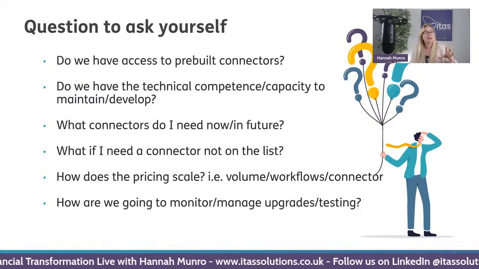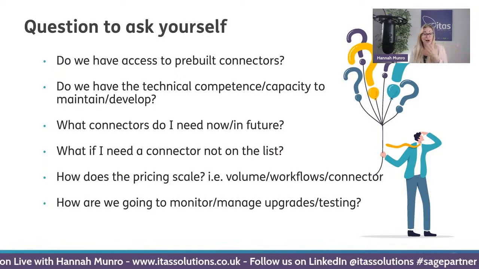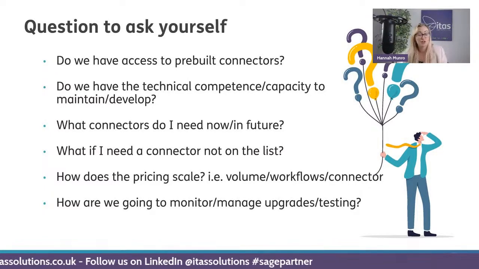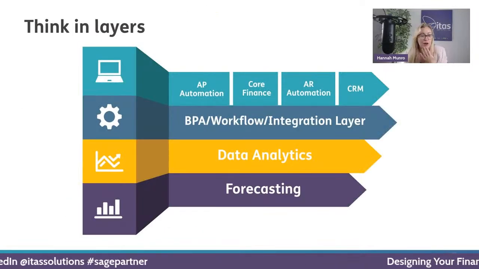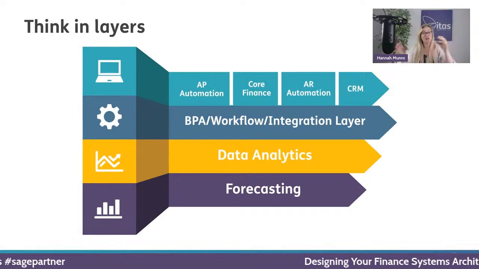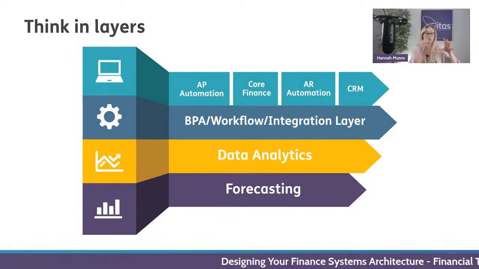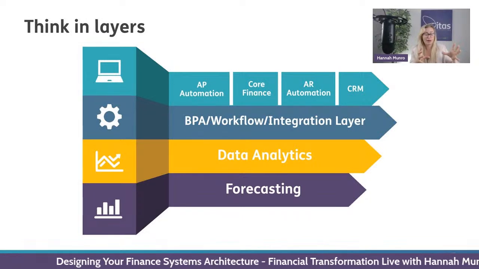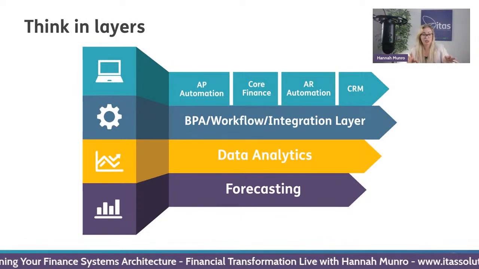Is the BPA something like Approval Max or Sahara? I actually see Sahara as an AP automation solution. If I go back to my diagram of the layers, I would see Sahara as my AP automation solution because it's specifically for a functional area. It is processing transactions.